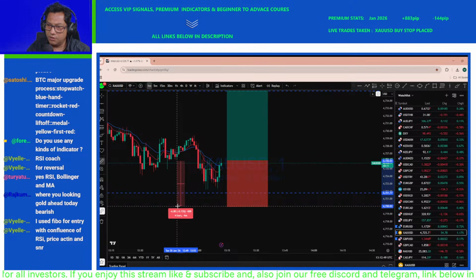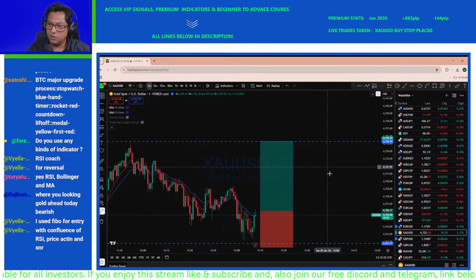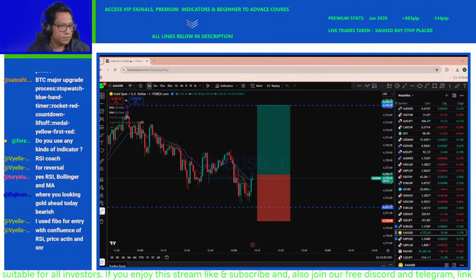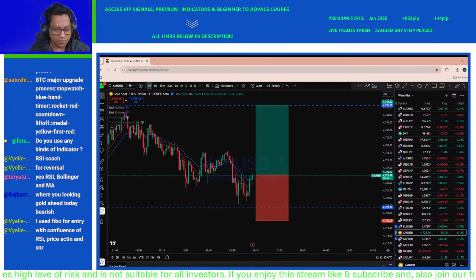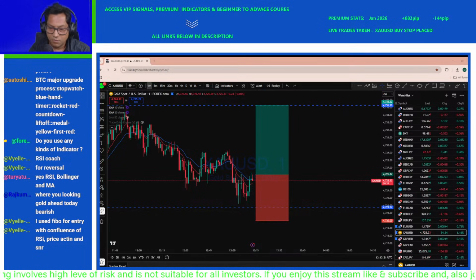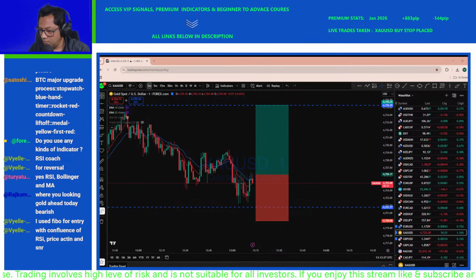It's going to be nearly a 60 pip stop loss. Keeping the stop loss at 4726.17.